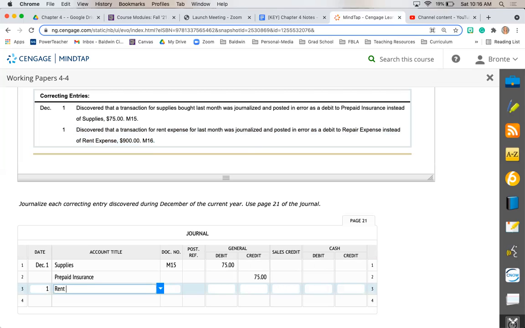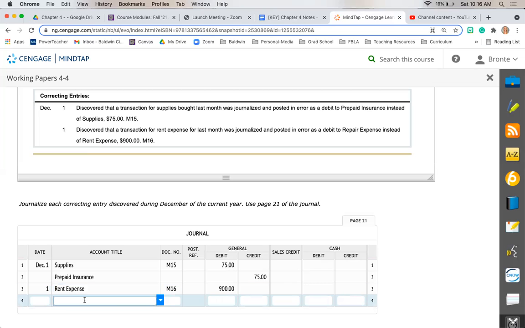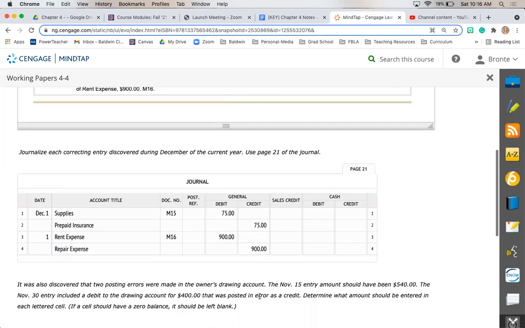So rent expense is what was supposed to get debited, memorandum 16 for $900. We need to take it out of repair expense. Expense accounts normally have a debit balance, so to take it out, repair expense is going to be the one getting the credit of 900. And those are your two correcting entries.